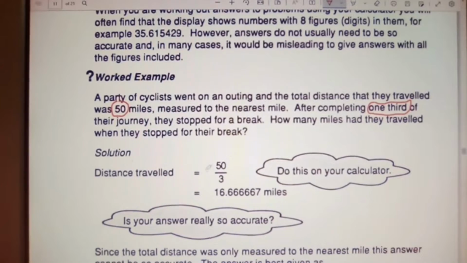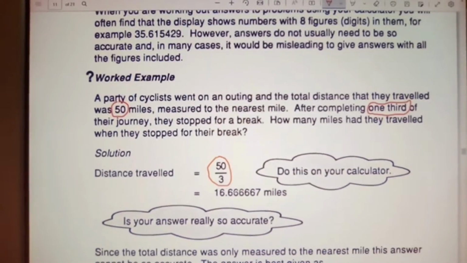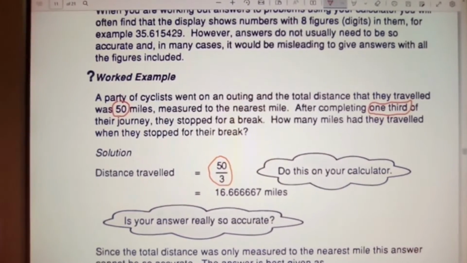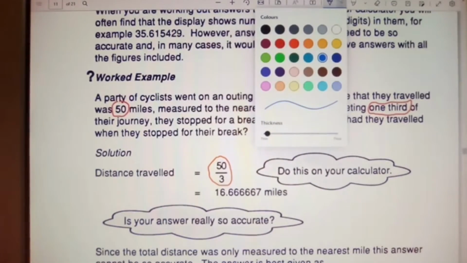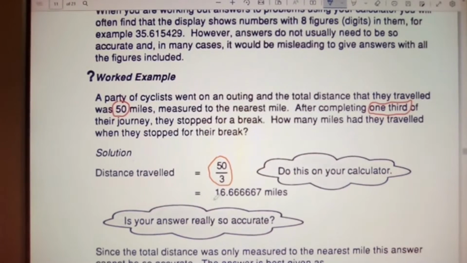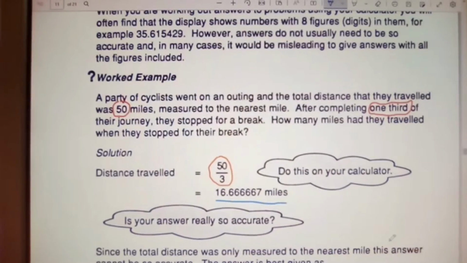So 50 divided by 3 is what we have here. Okay, and that's going to give us an answer here of 16.66667 miles.